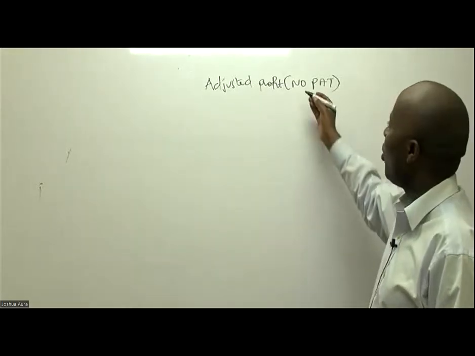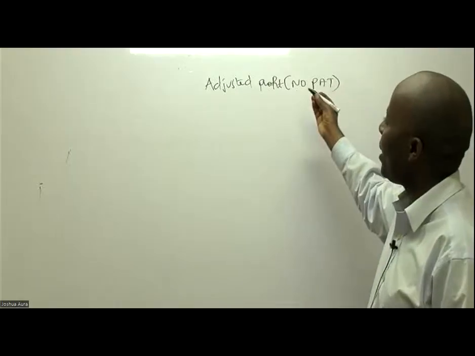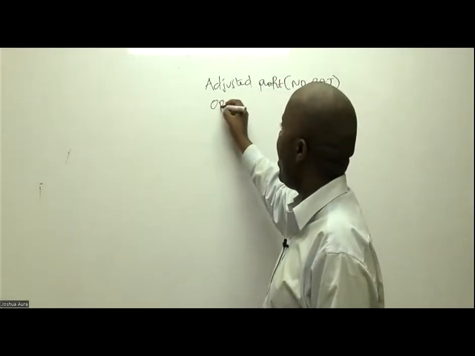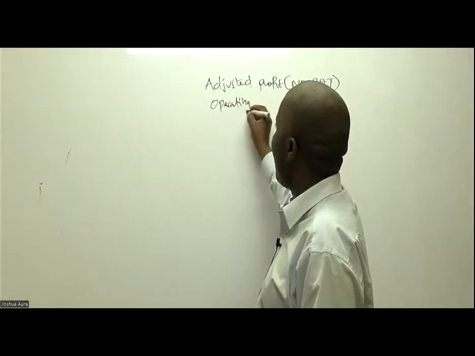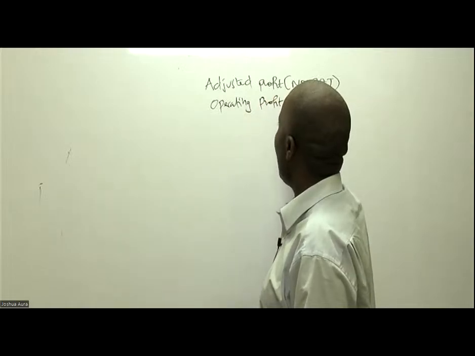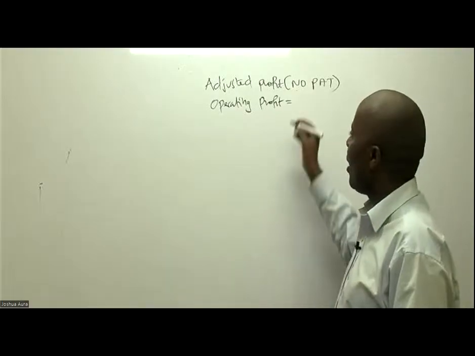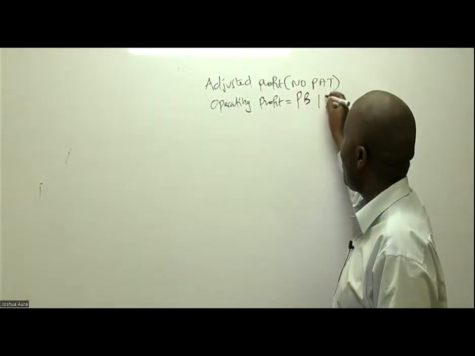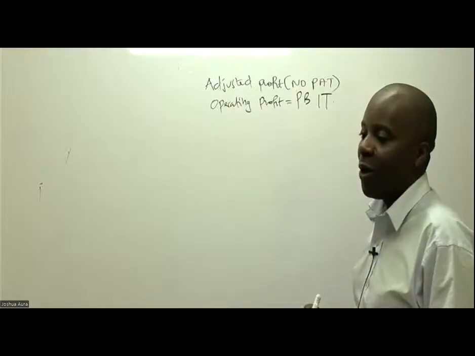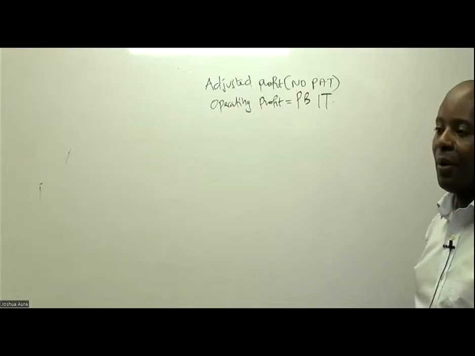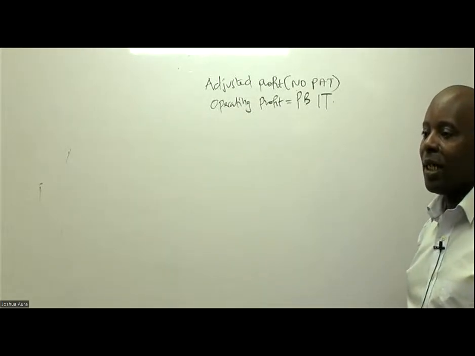And because we are talking about NOPAT, when they talk about operating profit, ladies and gentlemen, it is always the same as what here? Profit before interest and tax, right?